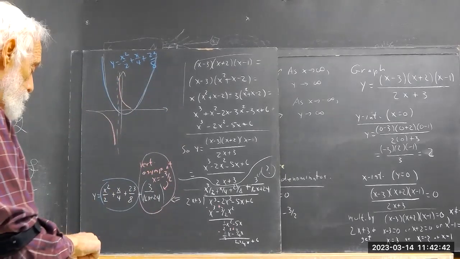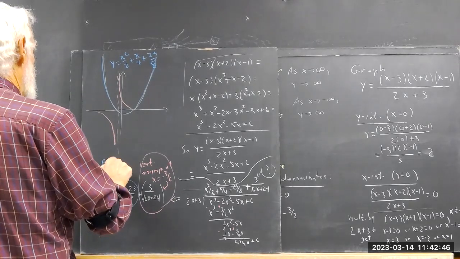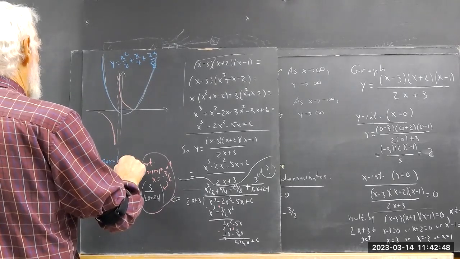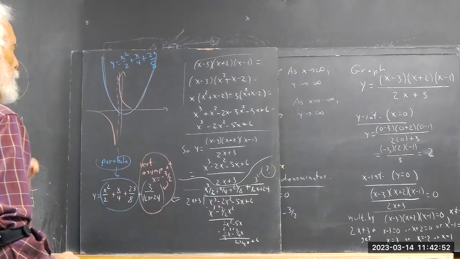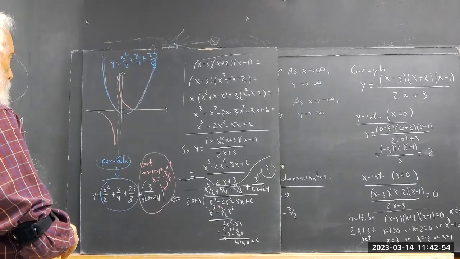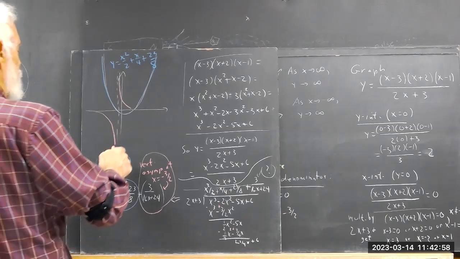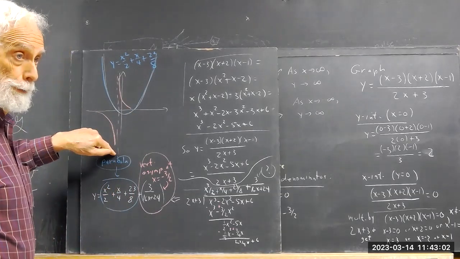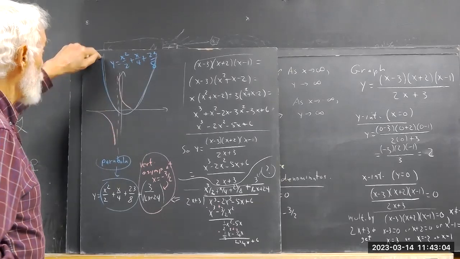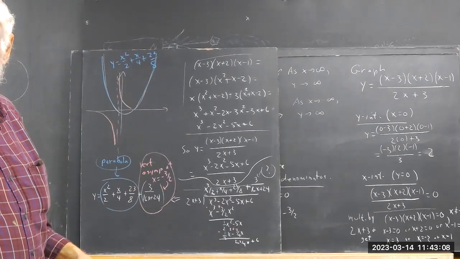So we got a parabola. The vertical asymptote dominates in the vicinity of x equals -3/2. Okay. The parabola dominates when you get far away from it.